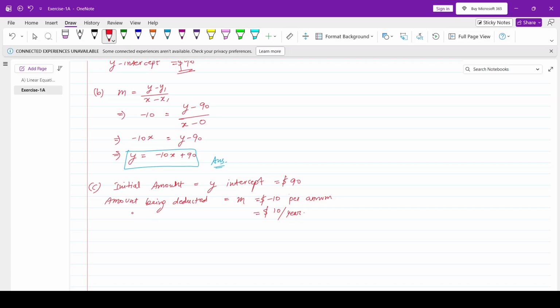When we say amount being deducted, we do not exactly need to put this minus sign, because we already mean that it is being deducted. We are not saying that it is slope or gradient; we are already saying it is being deducted. So we can say $10 per annum is being deducted. When we have $90 initially and we are decreasing $10 every year, how many years will it take? Exactly 9.